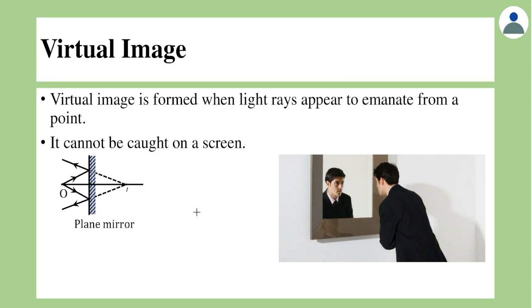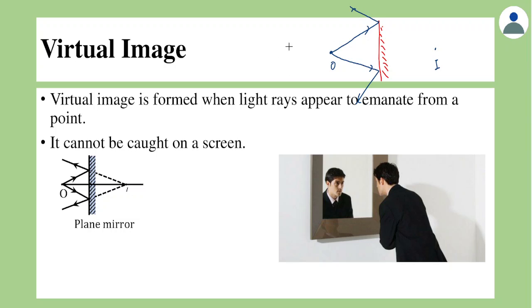A virtual image is formed when light rays appear to diverge or emanate from a point. If you look at the example of a plane mirror as given here, suppose we have a plane mirror here. It is common sense that if we place an object O somewhere here, an image is formed. Now we take some light rays from the object. This light ray falls like this and this ray falls like this, and after reflection these would reflect like this.